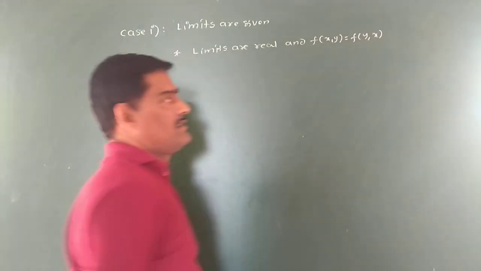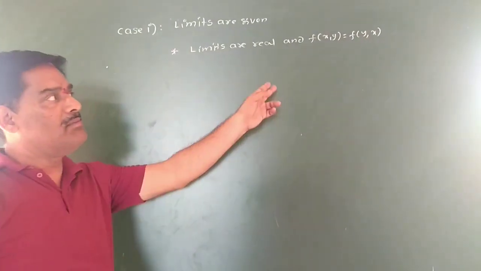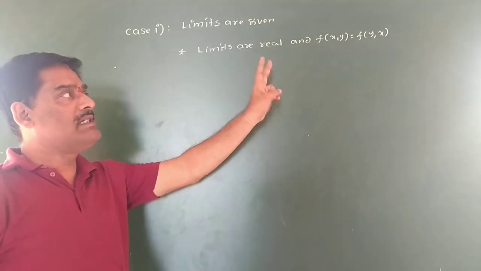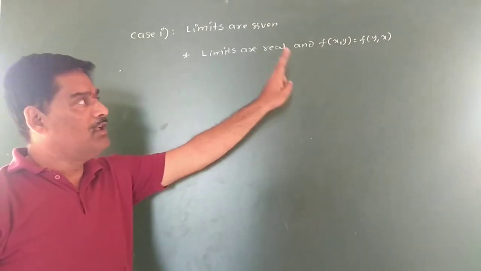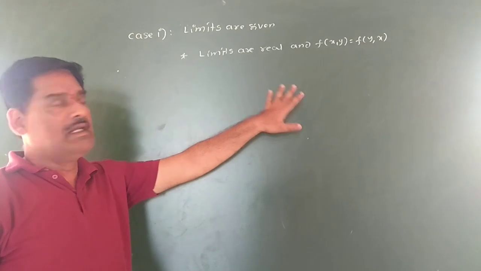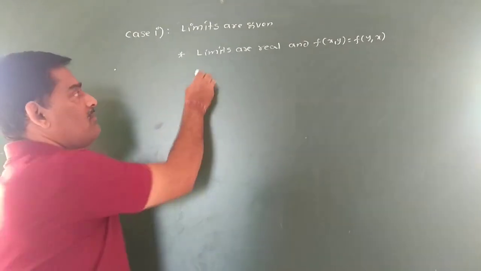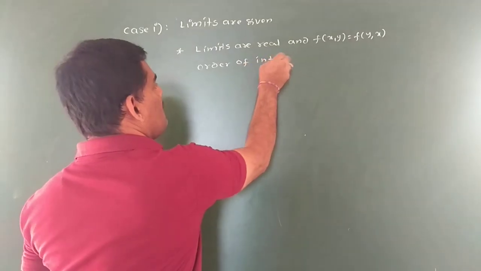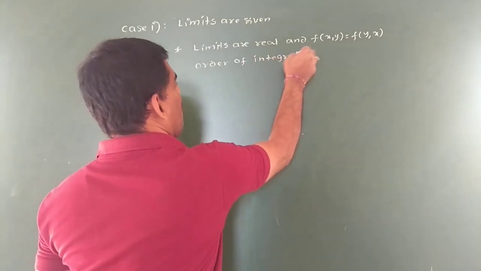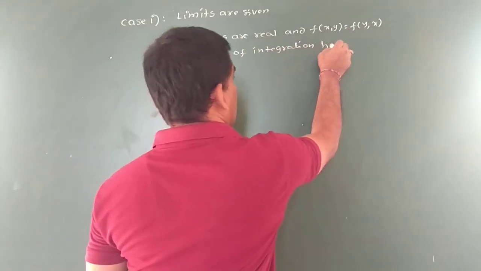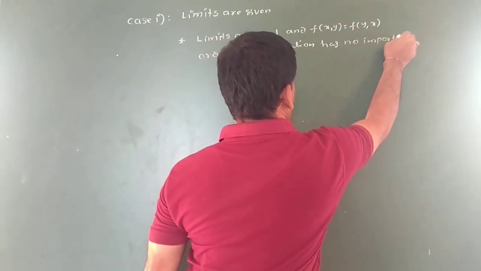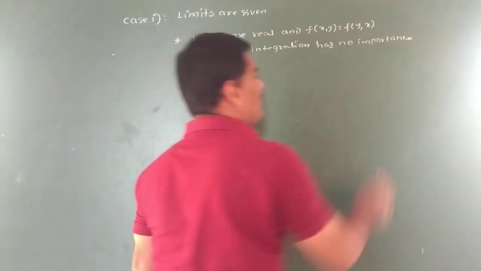What is the meaning of f of x comma y equal to f of y comma x? If you interchange the x and y variables and you get the same function, then the order of integration has no importance. What is the meaning of order of integration having no importance?